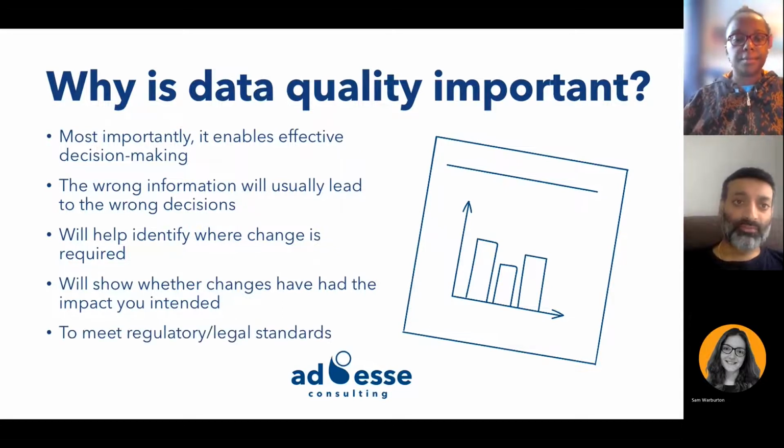And of course, good quality data is really important, and I think over the last few years, massively more important, to meet regulatory and legal standards as well across the organisation. Most organisations are very sensitive around data, the data they collect, the data they keep, the data they present.